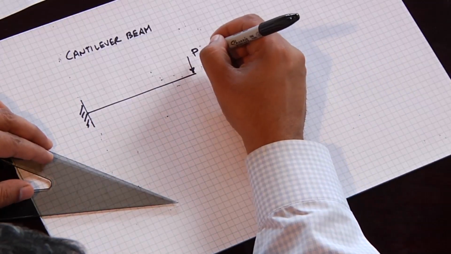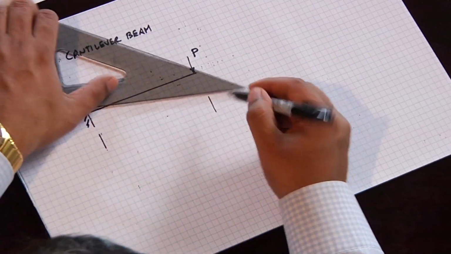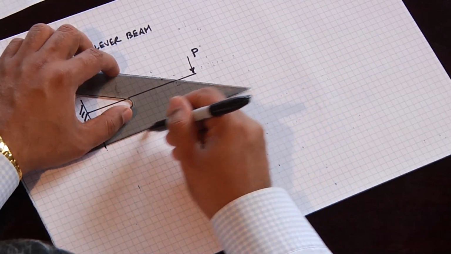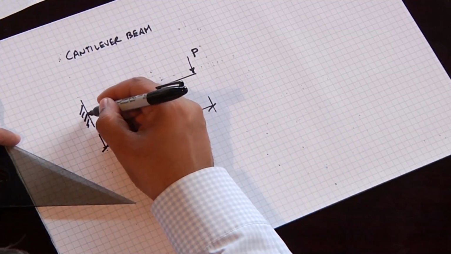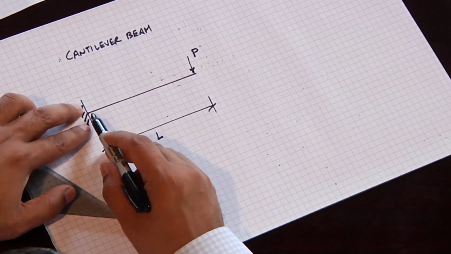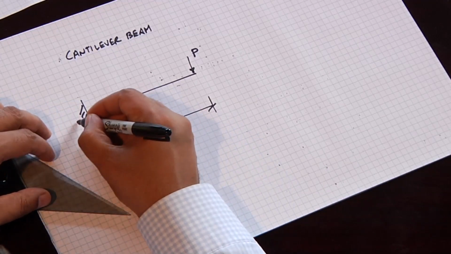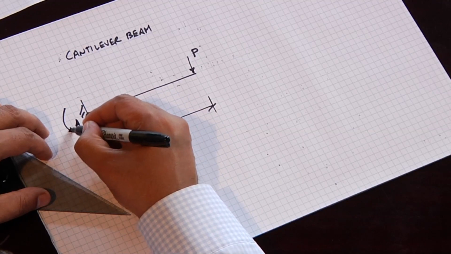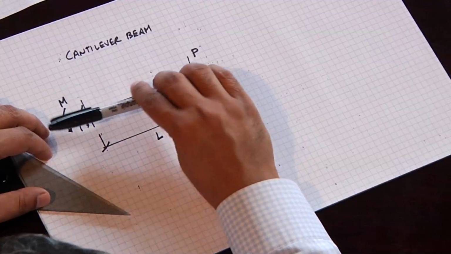So here again we have a load on the end, we have a certain span, and on this support point here, this is a fixed point, we have an end reaction and we have a moment because it's moment resisting. So it's resisting rotation.